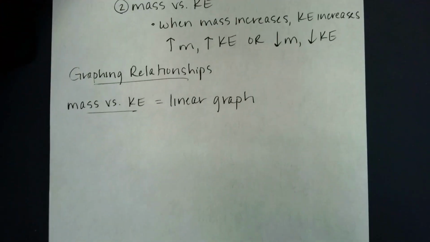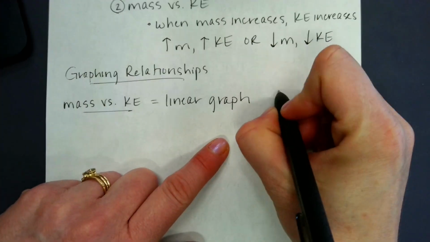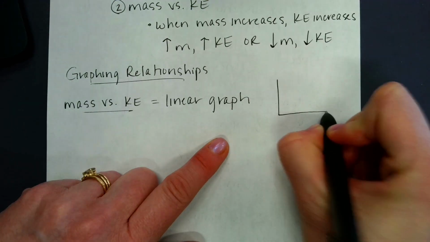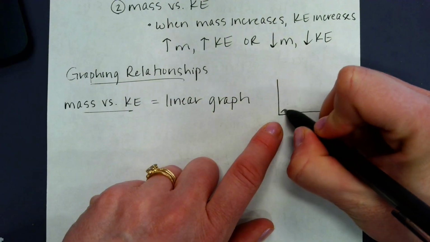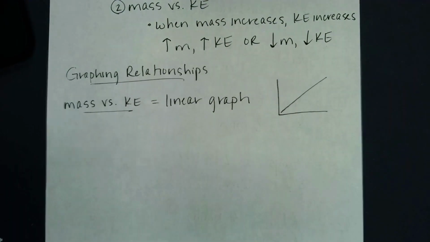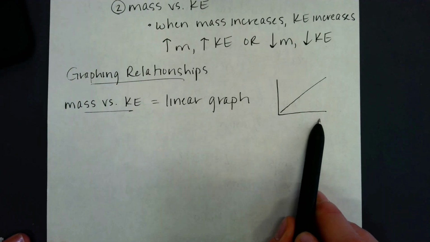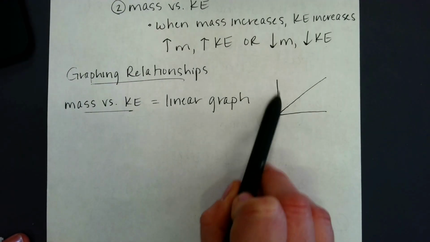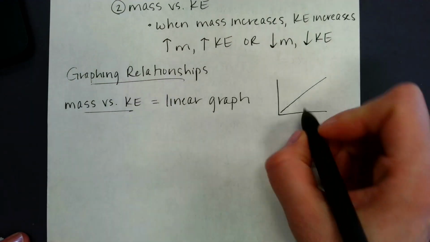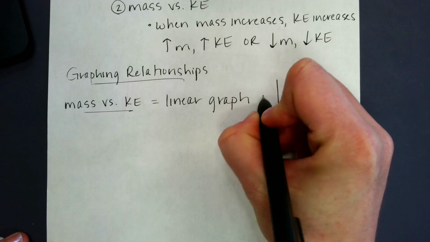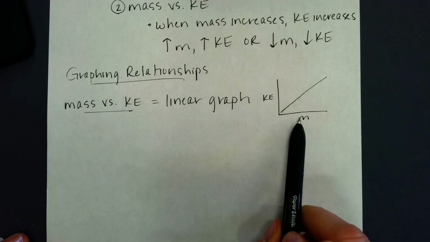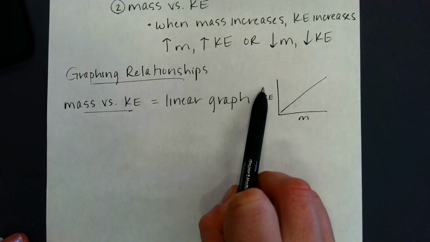Okay, and we can just draw a little quick picture to the side so you remember that a linear graph is a nice flat graph like that. Okay? So mathematically what that means is whatever I do with one variable, the same thing happens to the other variable. So if this is mass and this is energy, whatever I do to mass, kinetic energy does it too.